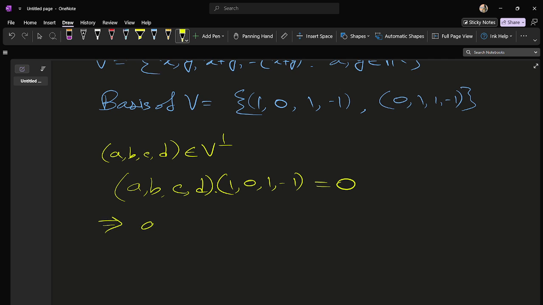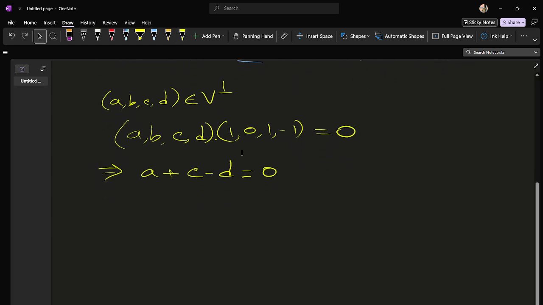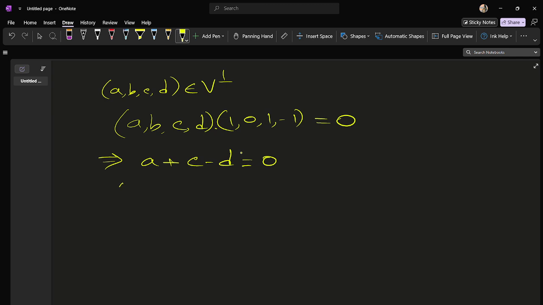So that will give us a plus c minus d is 0. And for the second case, with (0, 1, 1, -1), we get b plus c minus d is equal to 0.